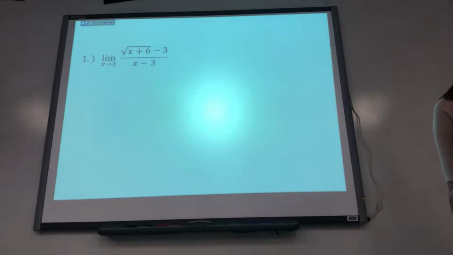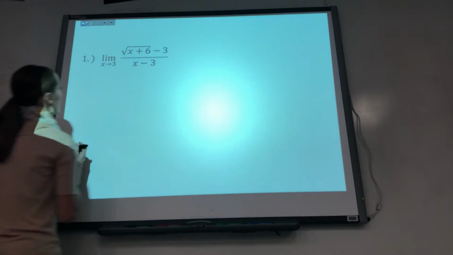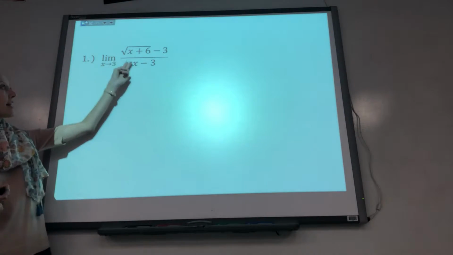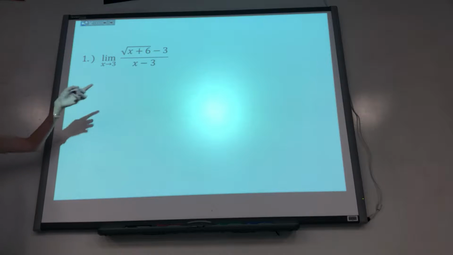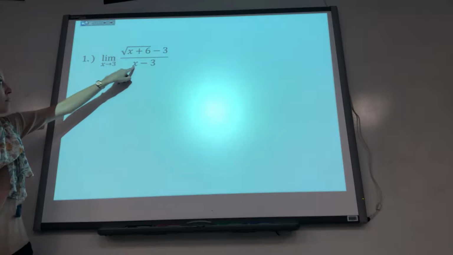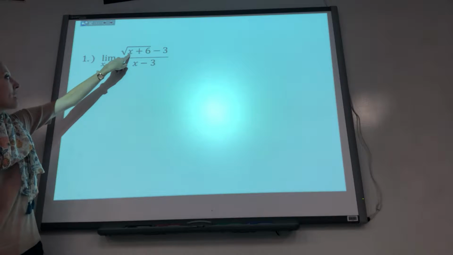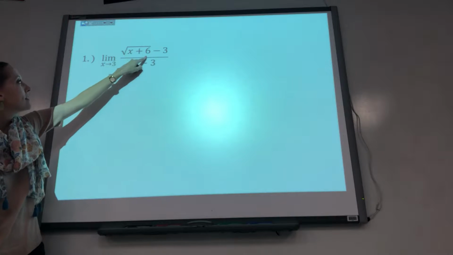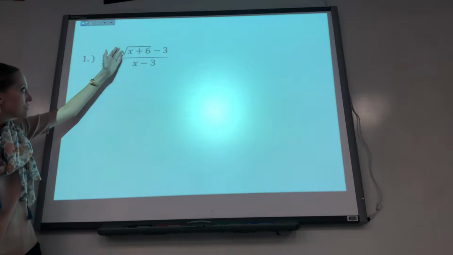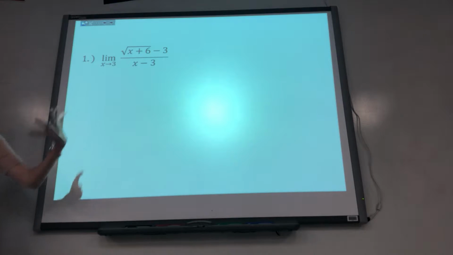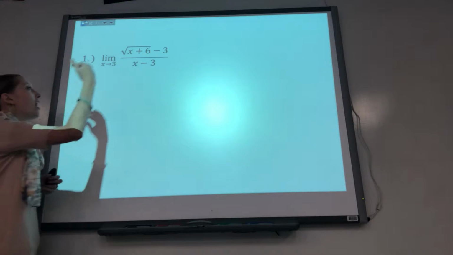Okie doke. Well, first thing to do in any limit problem is plug in the value of x that you're approaching, see if it works. Well, if you put that 3 on bottom, you get 0. If you put the 3 on top, this is going to be the square root of 9, which is 3. 3 minus 3, you get another 0 on top.